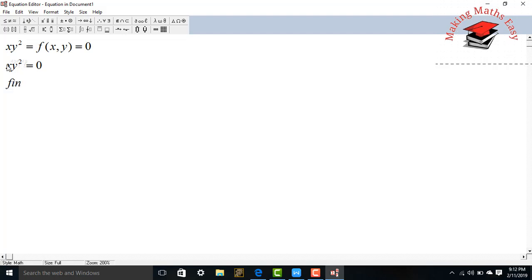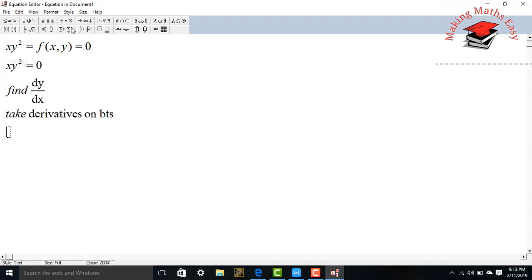They will ask in this format, such as find dy upon dx of the function. So you have to start by finding dy by dx. Find the derivative, so take derivatives on both sides in this case.